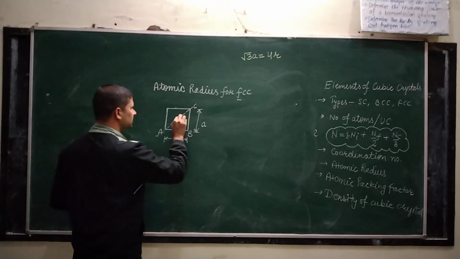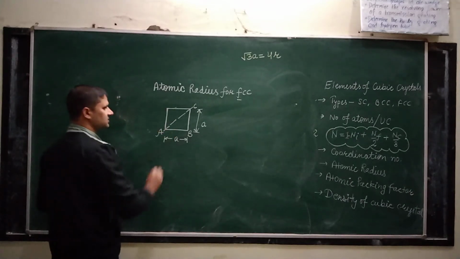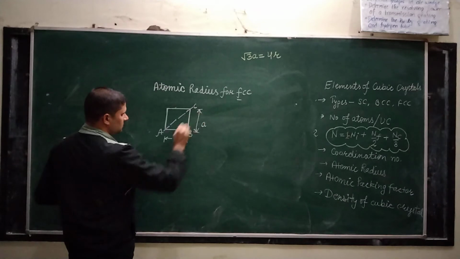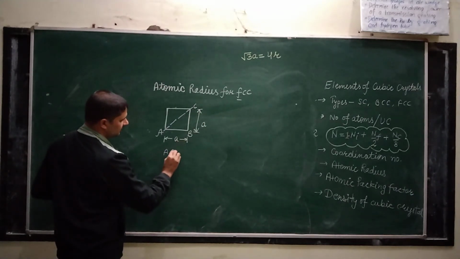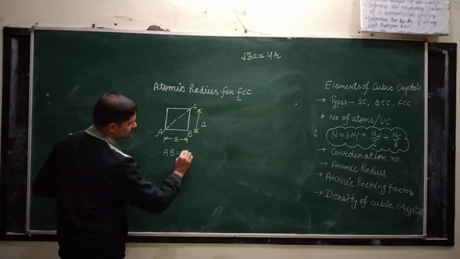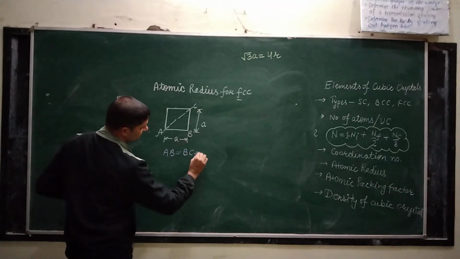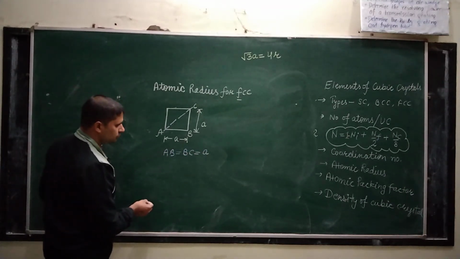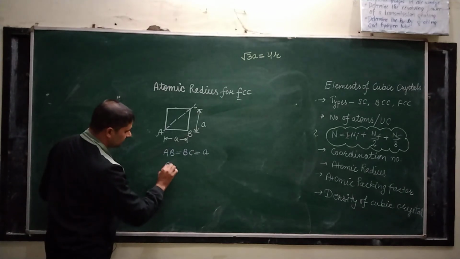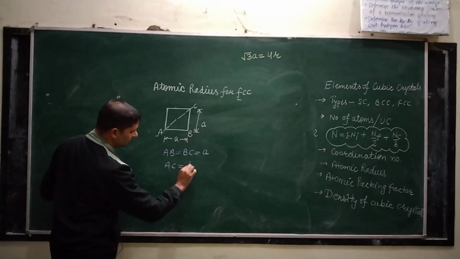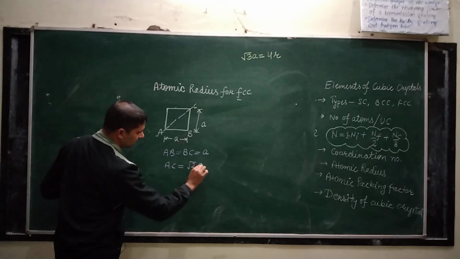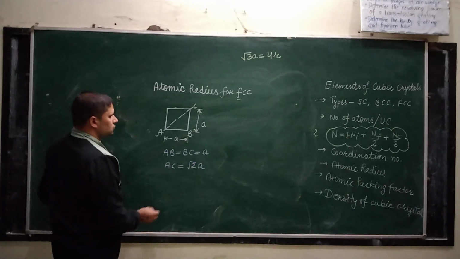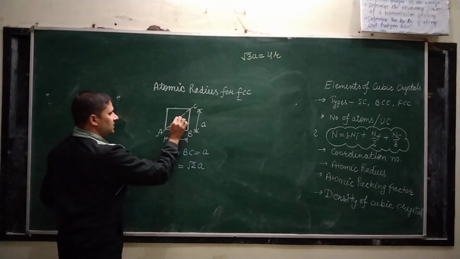You will see this is the face diagonal, and here AB is equal to BC. This is the size of the cube, that is A, and AC is equal to root 2 times A. Now see where the particles are present.